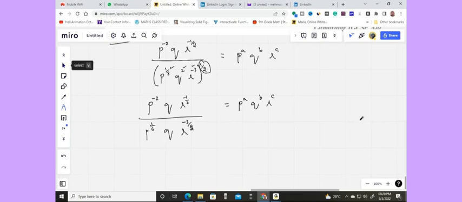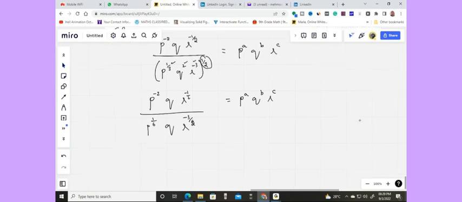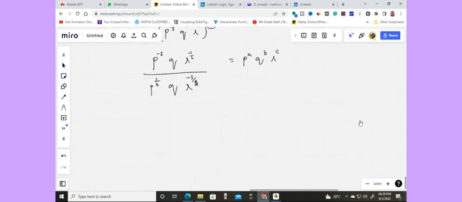And now what you're going to do, you're going to move the denominator variable powers into the numerator. So they are going to be written with the opposite sign of what they are below. So I just shifted this power positive 1 by 6 above.